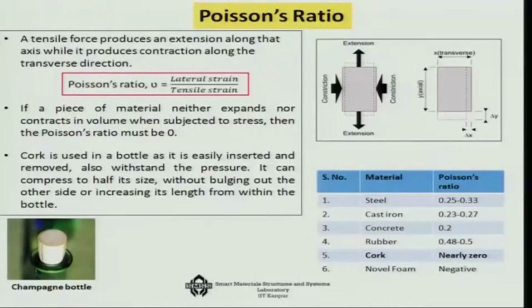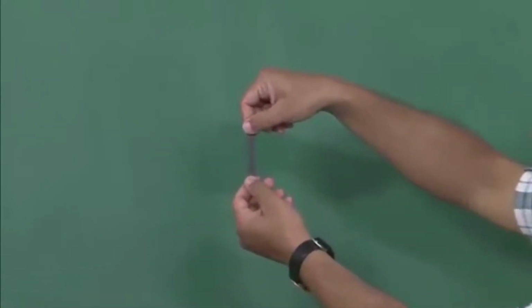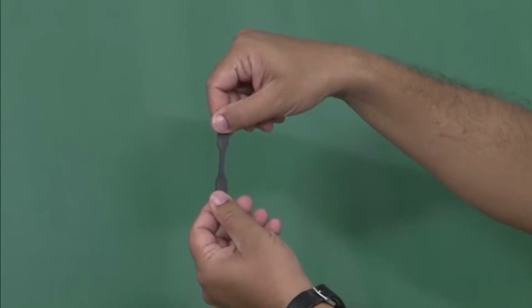So, that is about the stress. The other interesting thing is the Poisson's ratio. Okay. This refers to when I am extending a material, let us just take this example that we are extending a material in one direction. Suppose we are taking a material like a dog bone shape in a universal testing machine, and I am applying the tensile force. Okay.